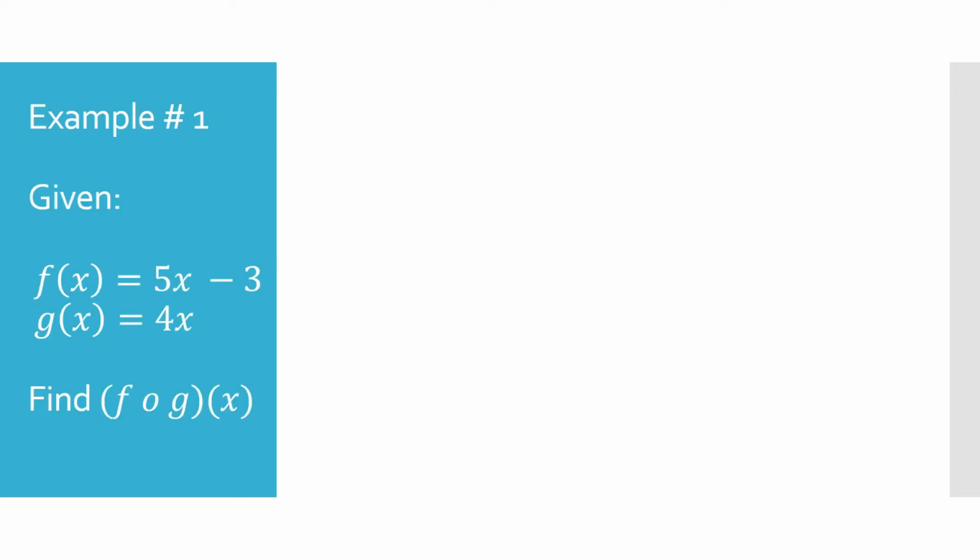Let's have example number 1. Given f of x equals 5x minus 3 and g of x equals 4x. Find f composed of g of x. To solve this one, from the given definition, we have f composed of g of x equals f of g of x.